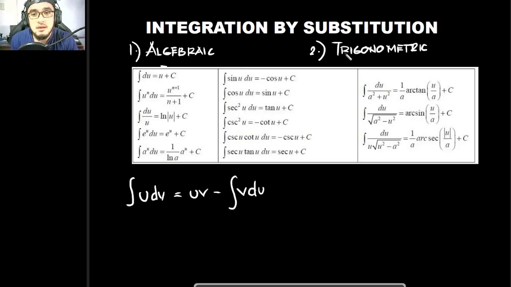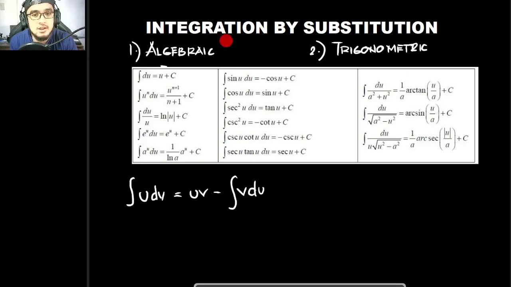Using trigonometric substitution basically has the same goal as algebraic substitution, which is the simplification of a complicated integral equation. That is what both share in common. But the major difference is that in trigonometric substitution, you have to follow certain rules before you can substitute.